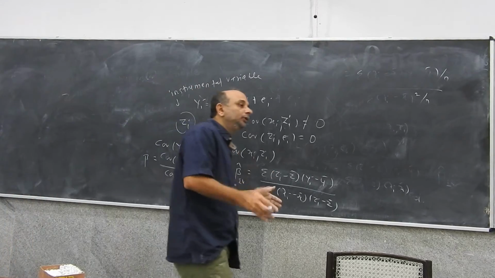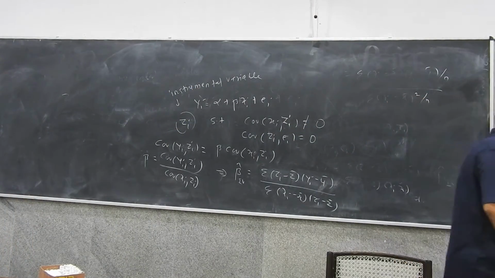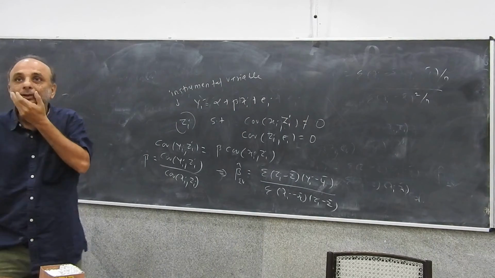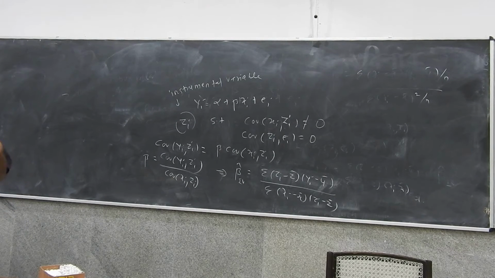So without having a good theoretical model, you never can really do any useful econometrics. And this will be one example of that. So please remember, what you learn in micro, macro is the foundation of the kind of econometric models that you are going to do.